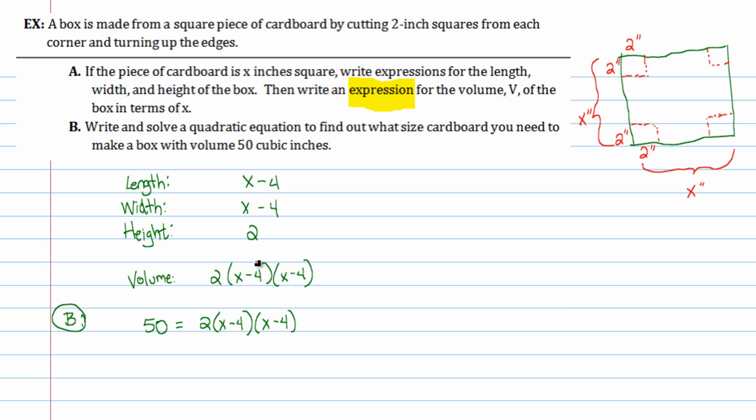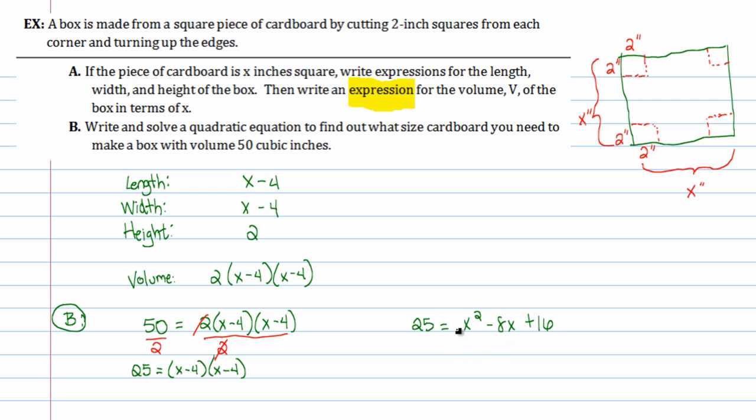You don't actually have to do this, but I'm going to divide both sides by 2, just so that these twos cancel and I get 25 over there. You don't have to do that. I'm just doing it to make my life a little bit easier during this process. Let's distribute through on those binomials. So you should get 25 is equal to x squared minus 8x plus 16.